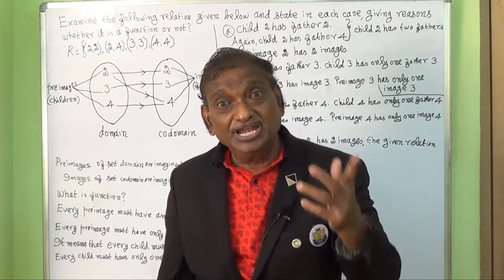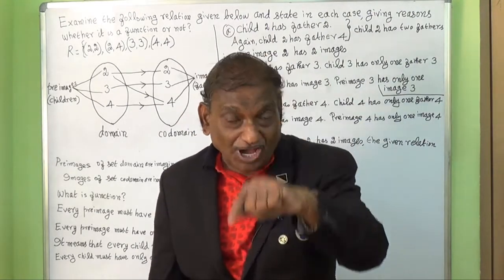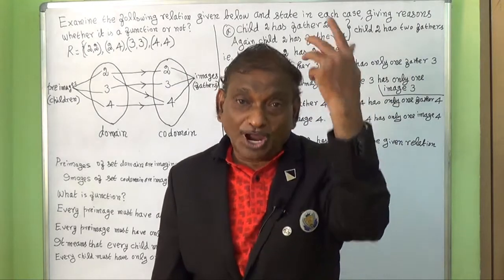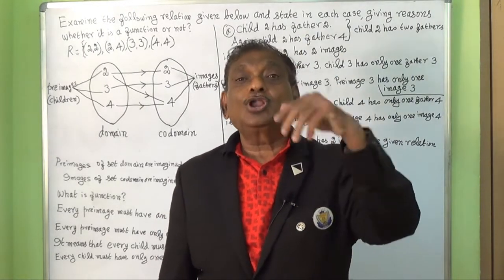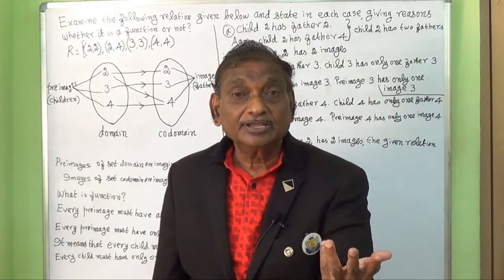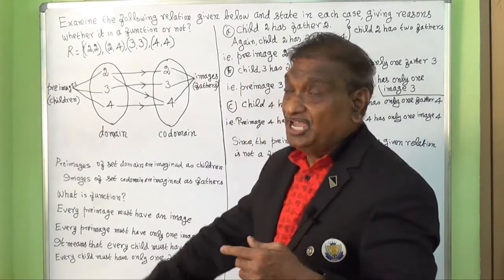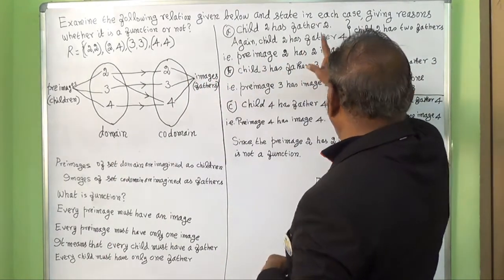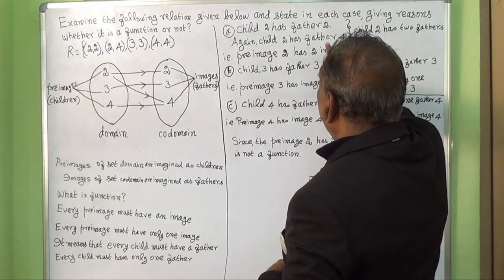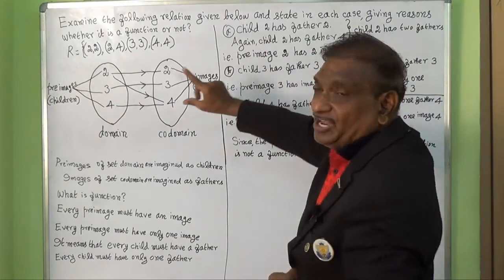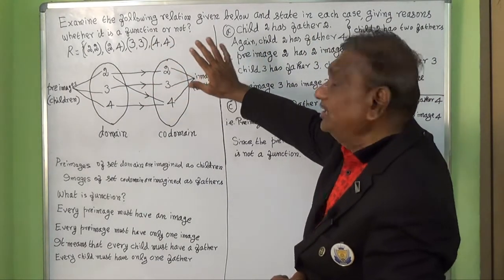If the child has more than one father, it is also unfair. It is also not acceptable. So in this case, the child has 2 fathers, so the given relation is not a function.